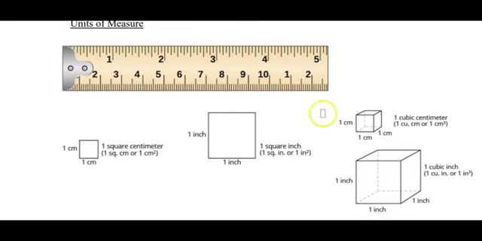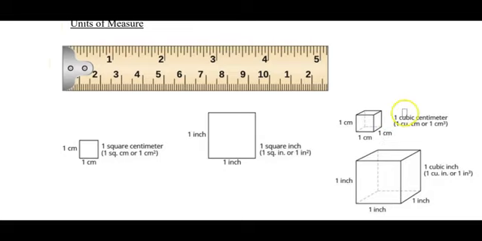And then we add one more dimension. In our squares, we had length and width. But when we have one more dimension, which is how deep our figure is, the little 3D cube here, that means we are going to be measuring the volume that is included within the 3D figure.